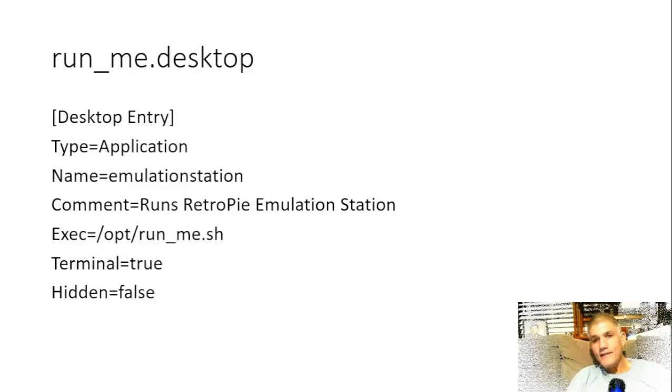Left bracket, Desktop Entry, right bracket. Then you'll type Type=Application, Name=EmulationStation, Comment, just a reminder of what the program does, runs RetroPie EmulationStation, Exec=/opt/run_me.sh. That's the script we just created. That will actually run the script.